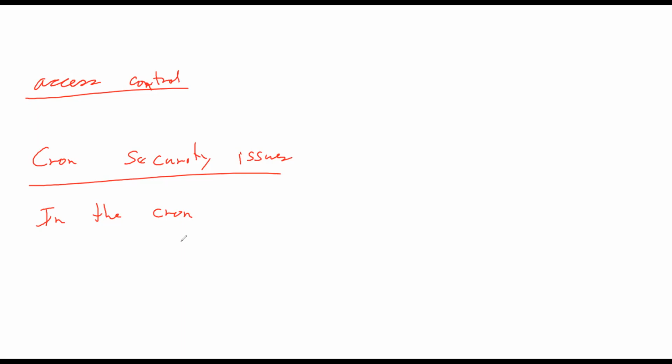So in the cron settings files, you will basically go into the text file and look up parameters, right? In that file, this is addressed by a setting called cron.allow or cron.deny.